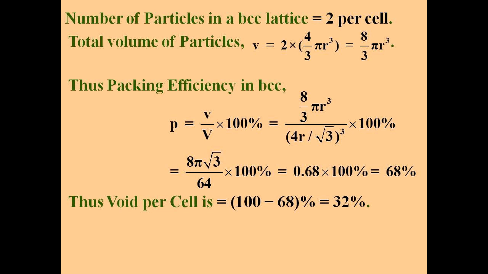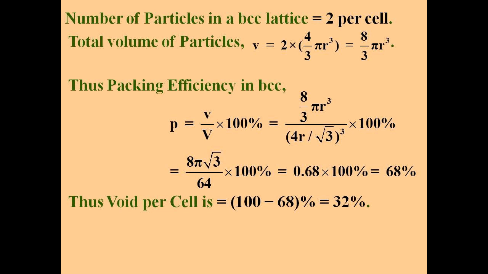Thus packing efficiency in BCC, small p, equals small v by capital V into 100% equals 8 by 3 pi r cube by a cube into 100% equals 8 by 3 pi r cube by (4r by root 3) whole cube into 100% equals 8 pi root 3 by 64 into 100% equals 0.68 into 100% equals 68%.